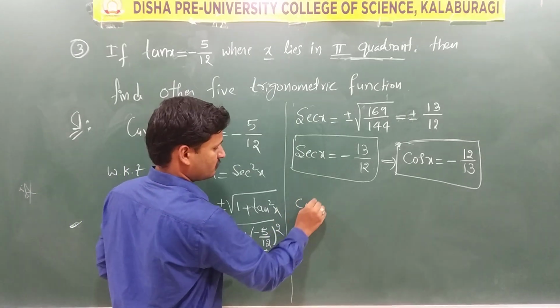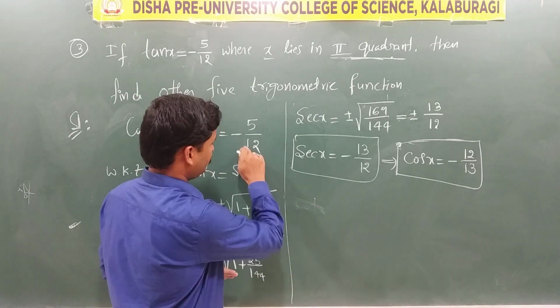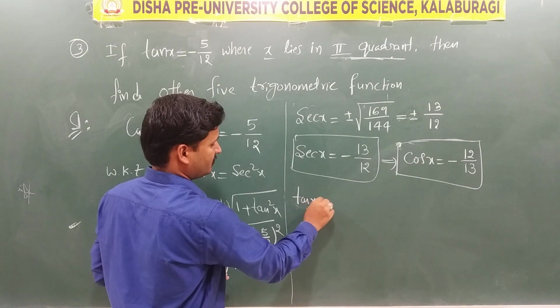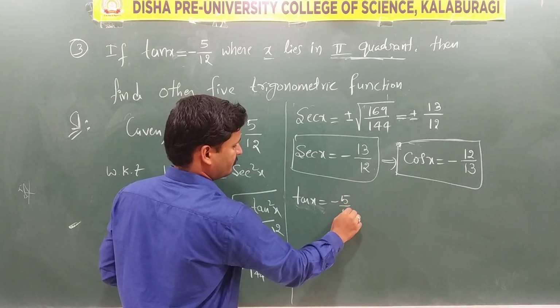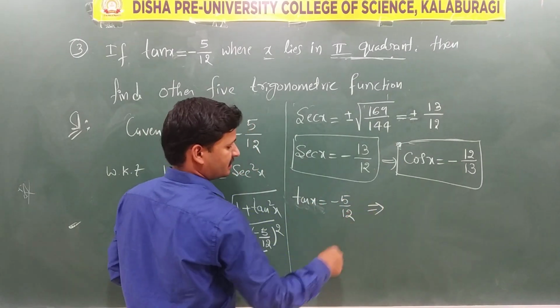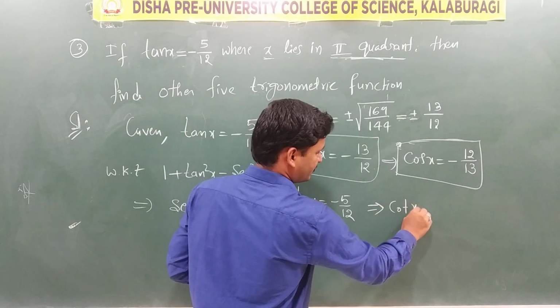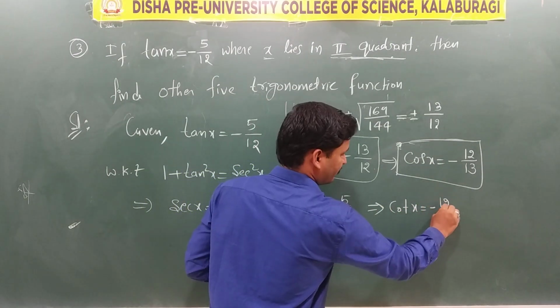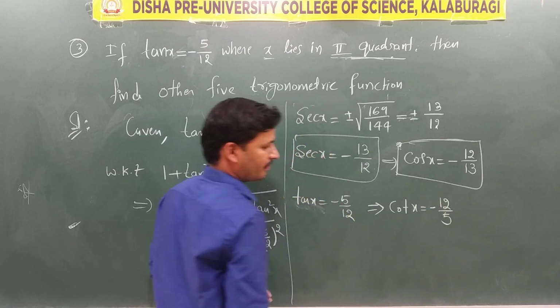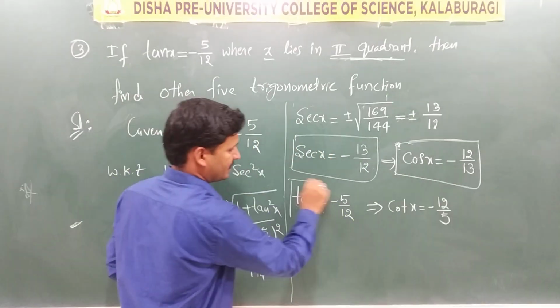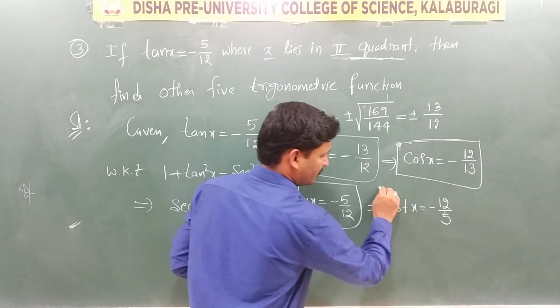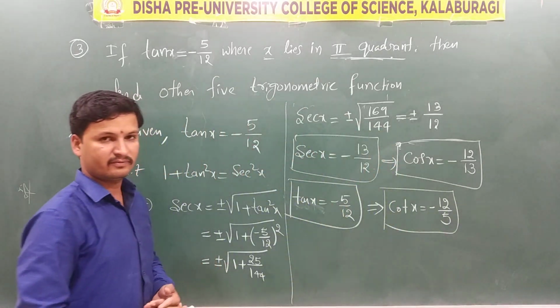So cot x is equal to, given tan x is equal to minus 5 divided by 12, taking the reciprocal, cot x is equal to minus 12 divided by 5. Okay, this is tan x equals minus 5 by 12 and cot x equals minus 12 by 5.